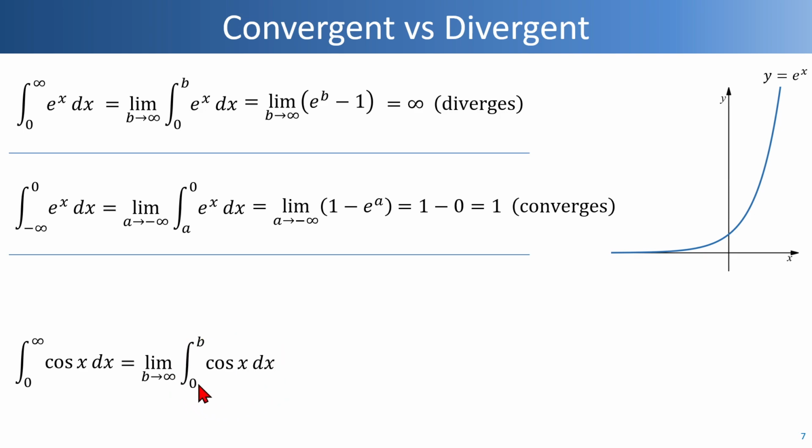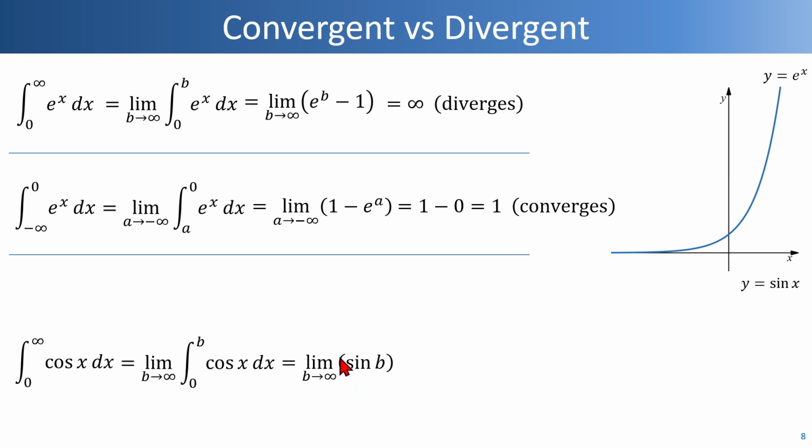We now have the definite integral from 0 to b of cosine of x, which is readily evaluated. The antiderivative of cosine is positive sine, so we get sine evaluated at b minus sine evaluated at 0. Sine evaluated at 0 is just 0, so we can drop that.